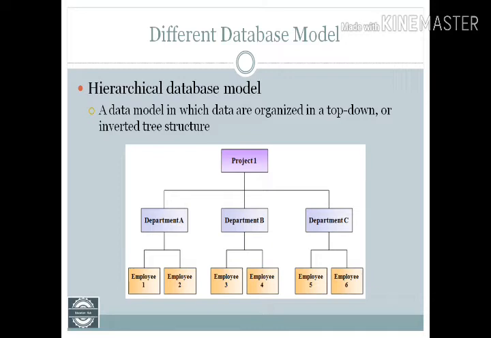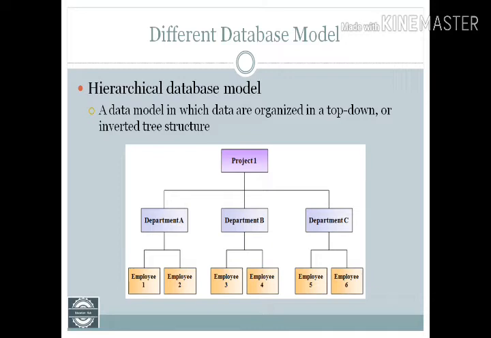See here in the picture on the screen, project 1 is the main parent node. From that parent node, the children, departments A, B, C, are generated.